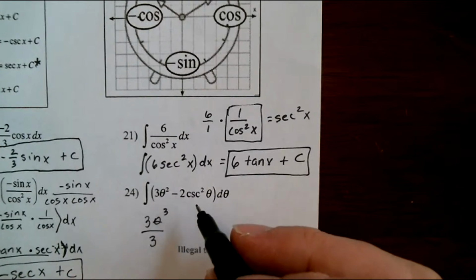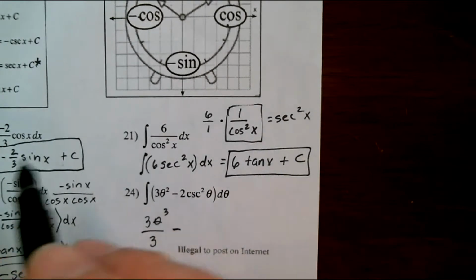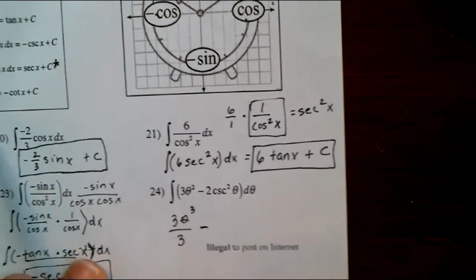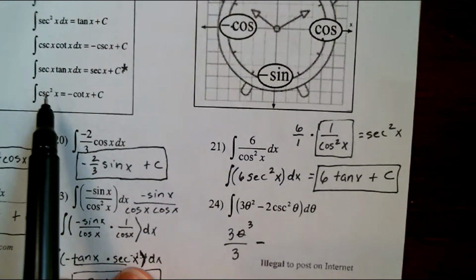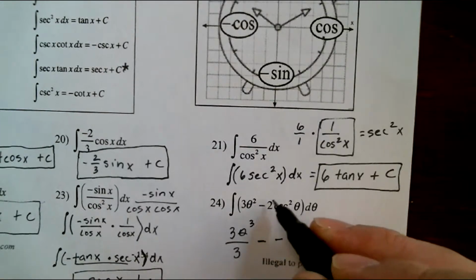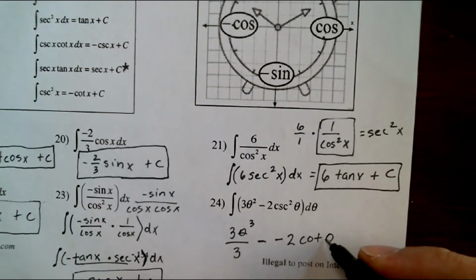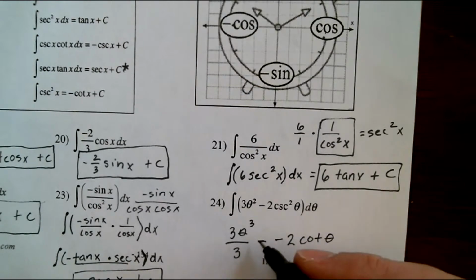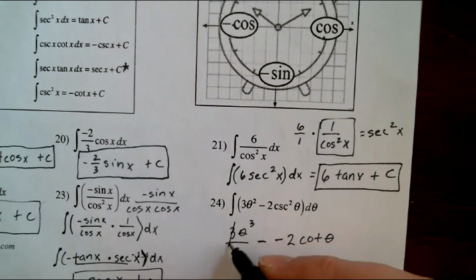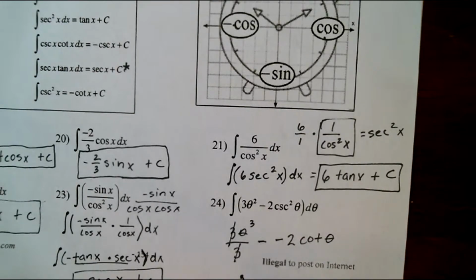And then minus, and then cosecant squared right here. Oh, sorry. Cosecant squared x integrates to negative cotangent x. So negative, and that 2 is just a constant. So 2 cotangent x, or cotangent theta, same thing. And then that would go plus plus. My 3's would eliminate. So I'd have theta cubed plus 2 cotangent theta. And then we always have plus c.